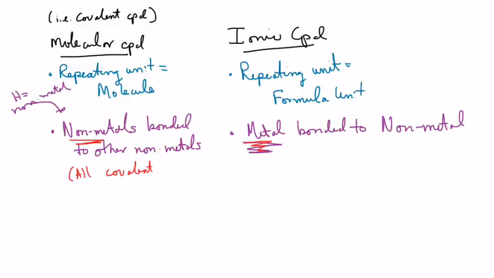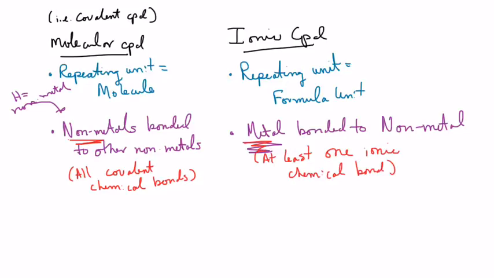And then just a little bit more about this. We'll be talking about these two different types of compounds where atoms are joined together in a repeating unit. For molecular compounds, all the chemical bonds joining the atoms together are covalent bonds.